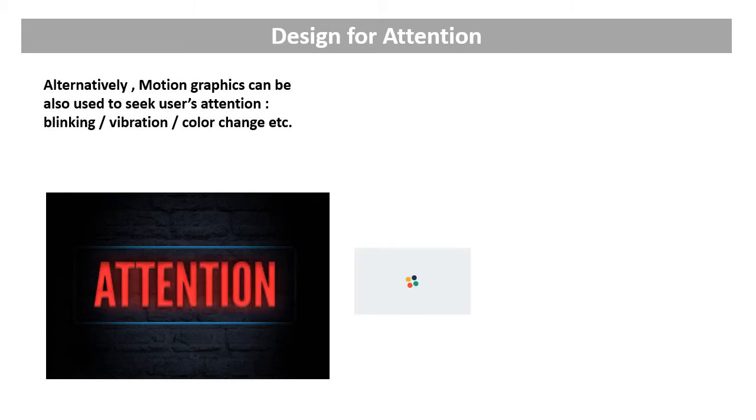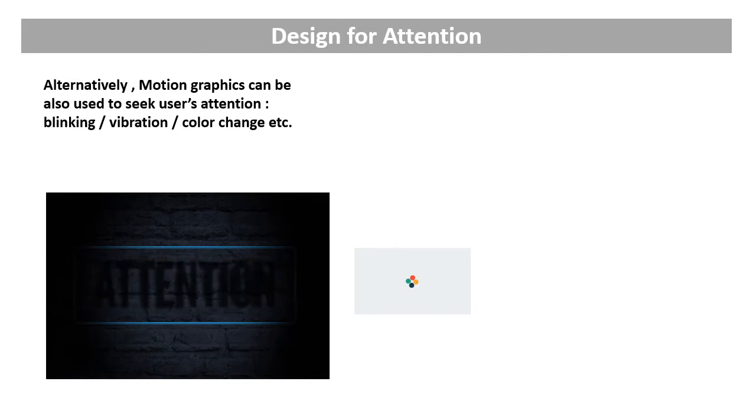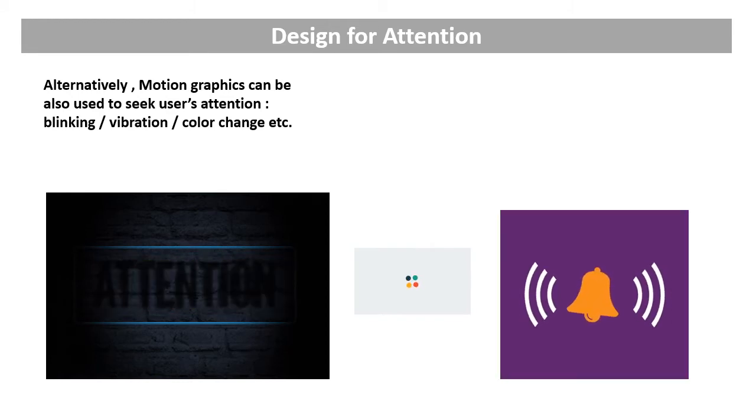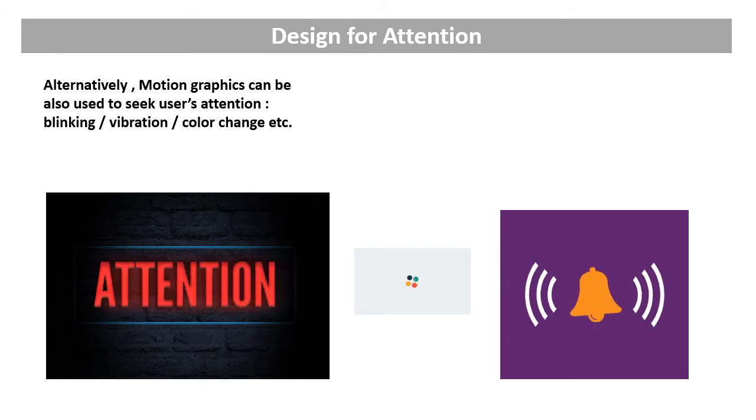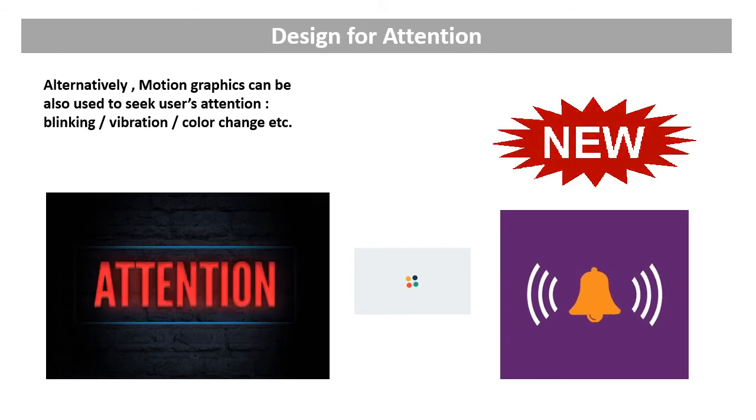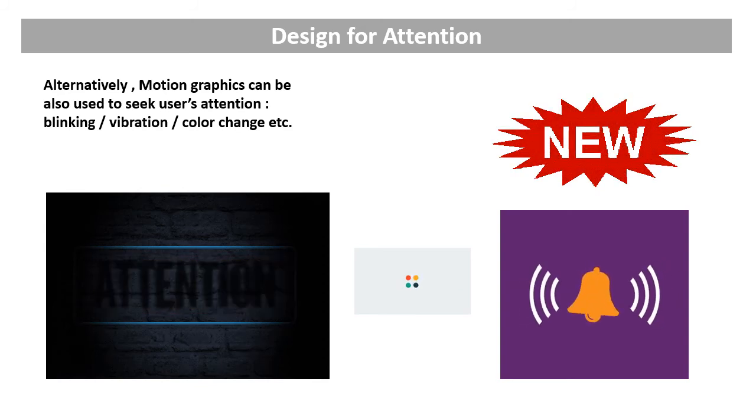And also you see the loading screens or loading buttons, they are animated in a particular fashion so that they can get users' attention while the next page is getting loaded. And also things like vibration and blinking colors. You can see some of these elements embedded in web pages which seek users' attention.